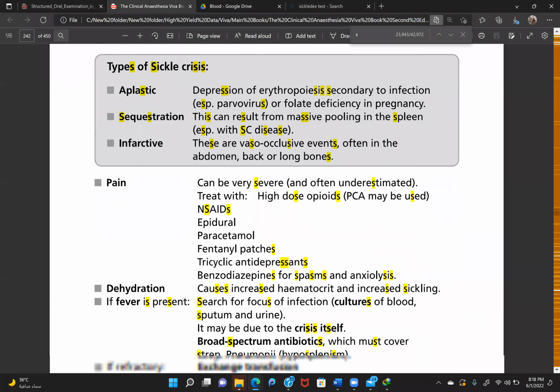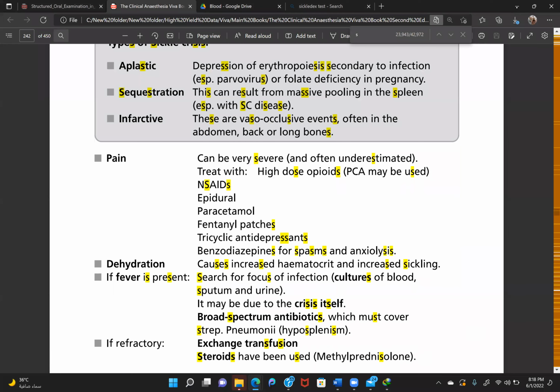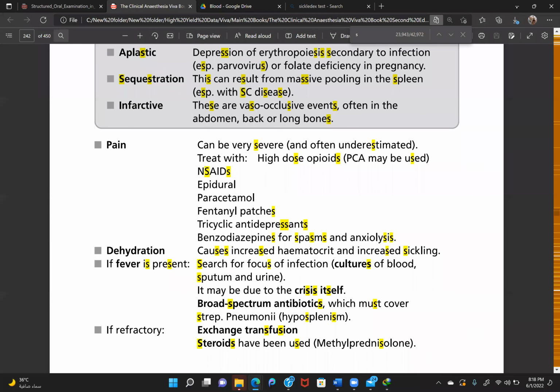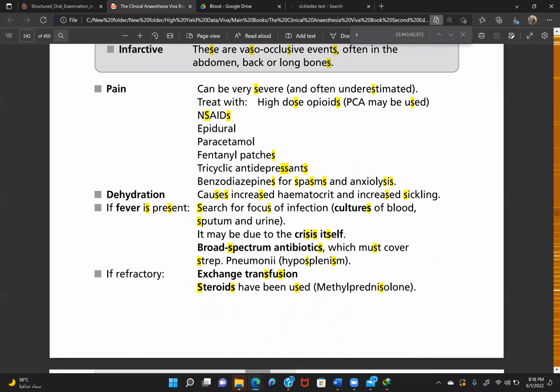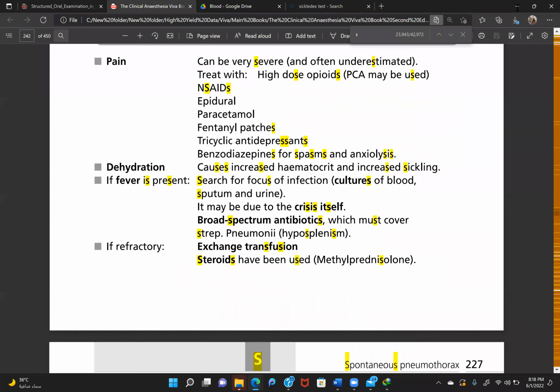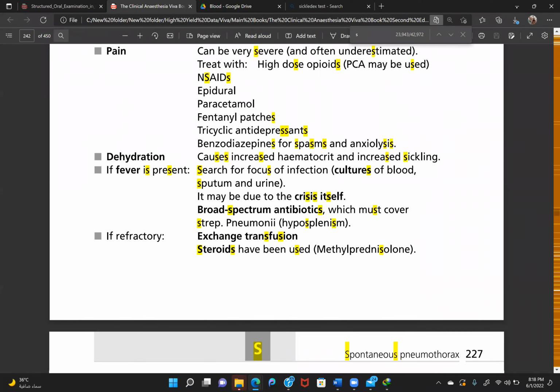So these are the basic common things. These patients have difficult pain control, and you have to avoid dehydration because it will increase the hematocrit and increase sickling.